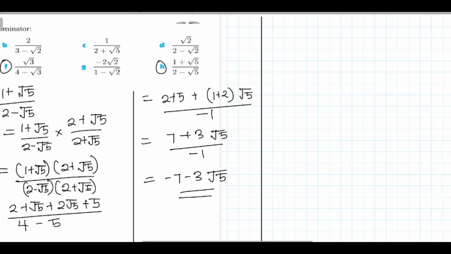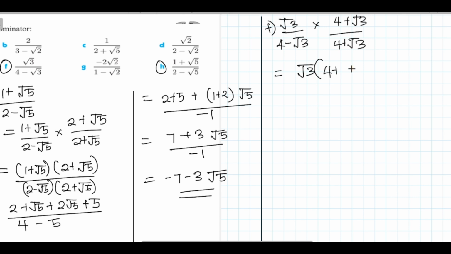Okay, so we have F: root 3 all over 4 minus root 3. So to rationalize, the conjugate is 4 plus root 3 all over 4 plus root 3. And then if you multiply them together, we have this all over 4 minus root 3 into 4 plus root 3.